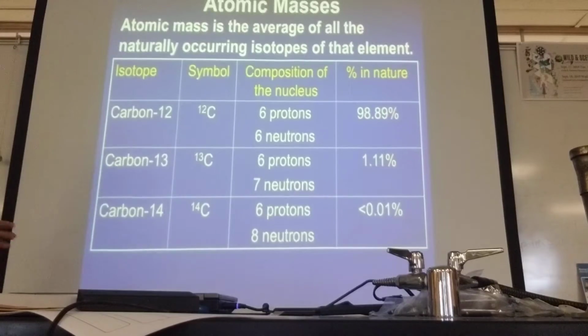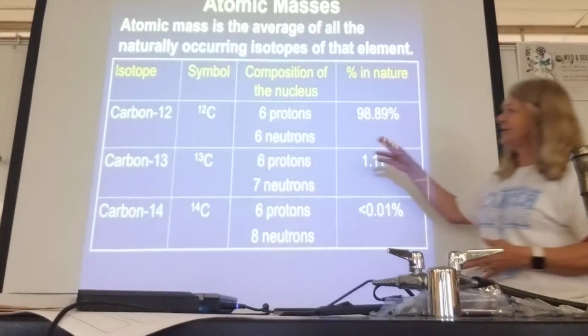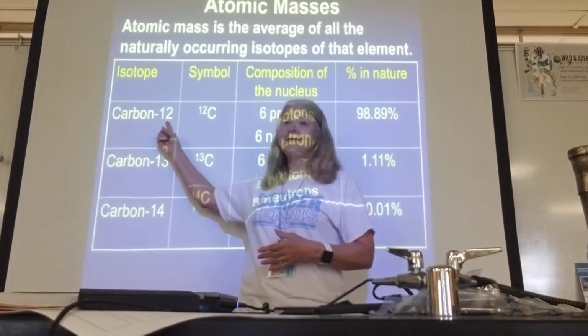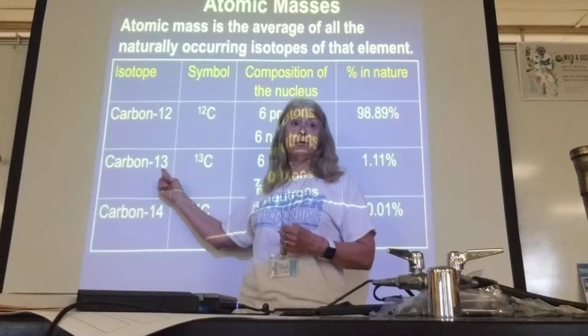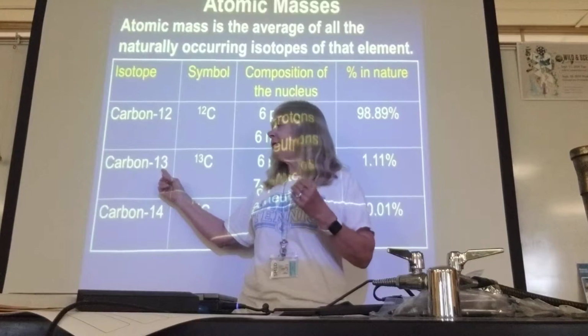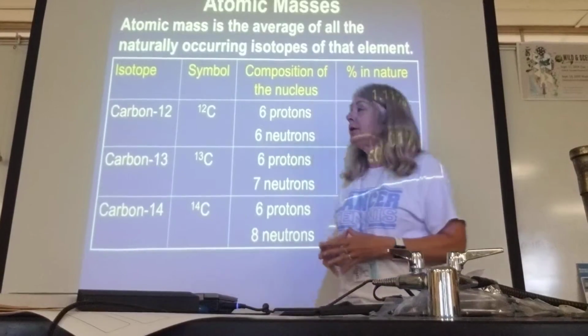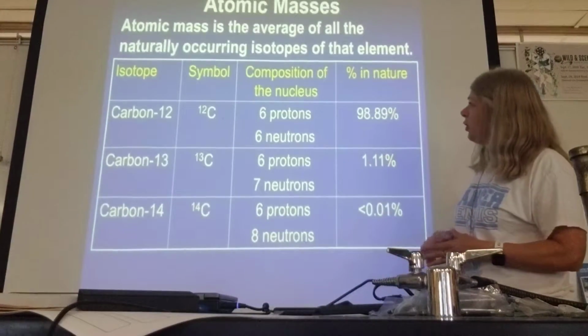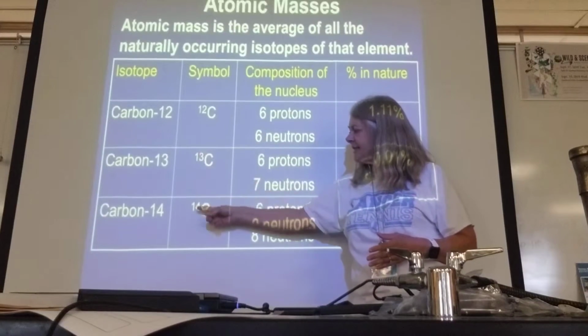Let's take a look at this. The carbon-12 isotope has 6 protons and 6 neutrons. Do you agree with me? What does this one have? 6 protons, 7 neutrons? 6 protons and 8 neutrons. That's correct. So we know that the mass of these is 12, 13, and 14.